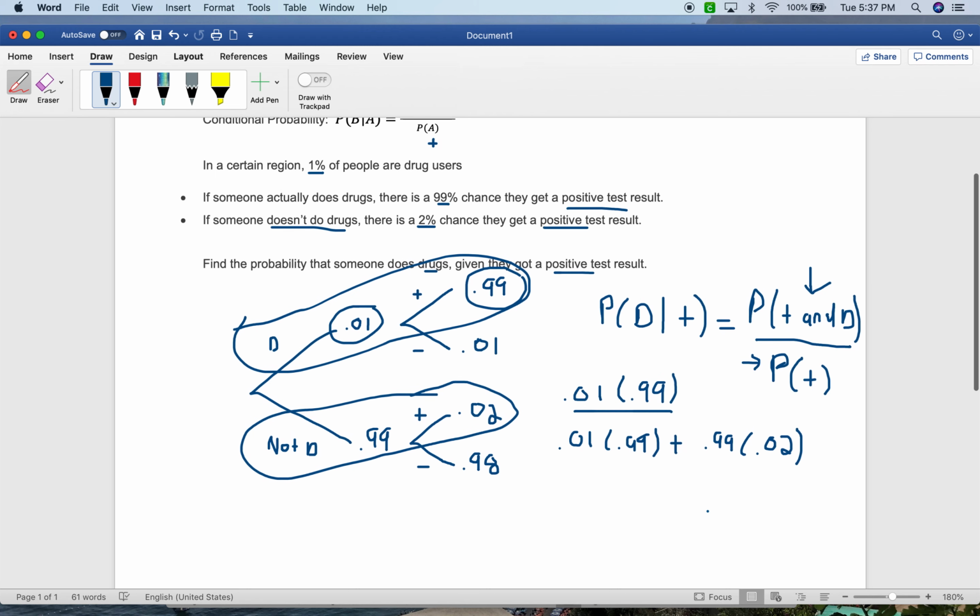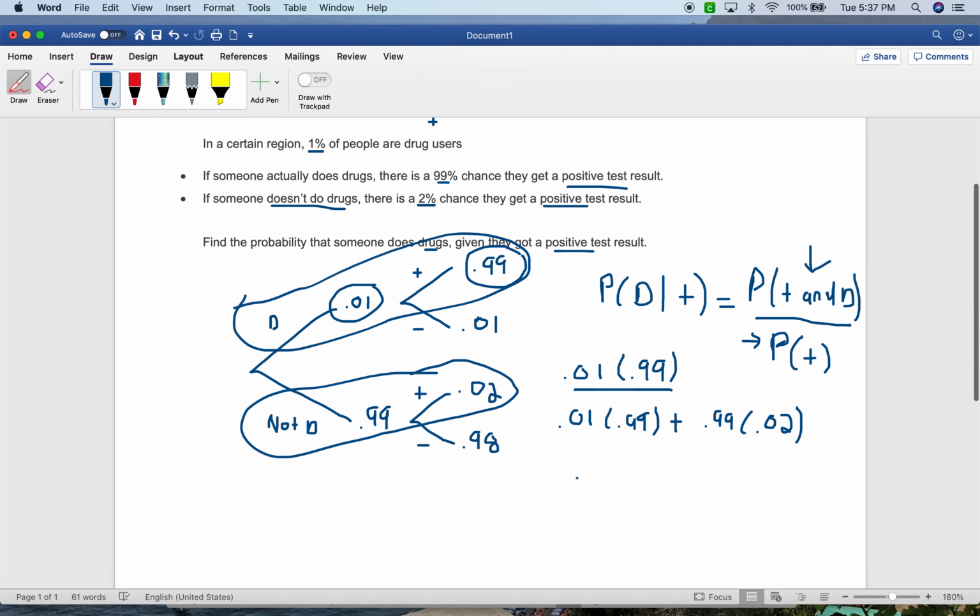So now we can do this math. We have 0.0099 over 0.0099 plus 0.99 times 0.02, which will give us 0.0198.